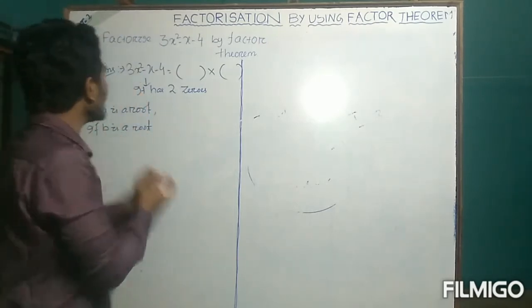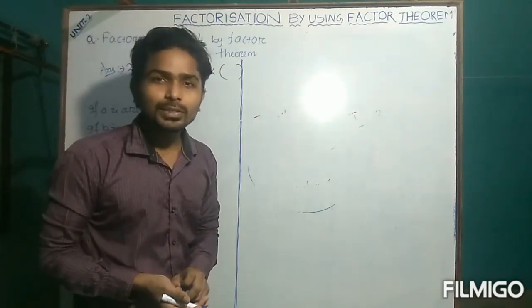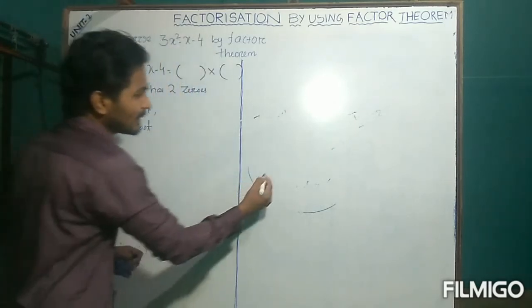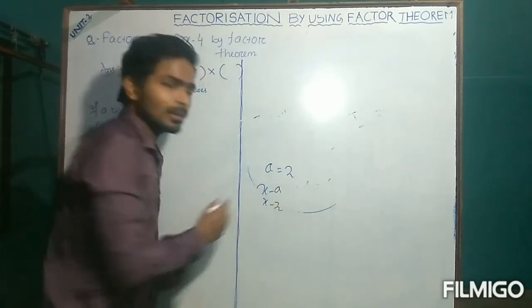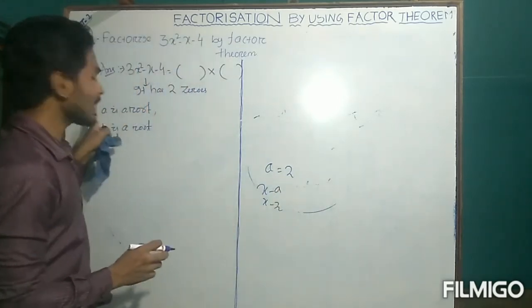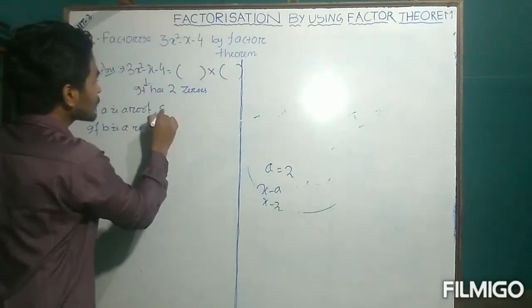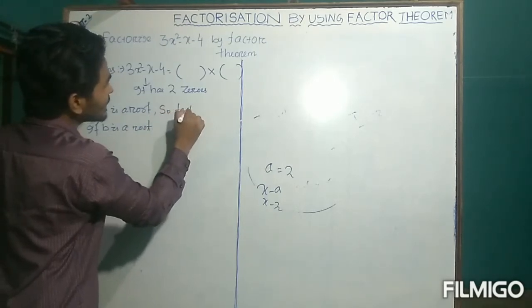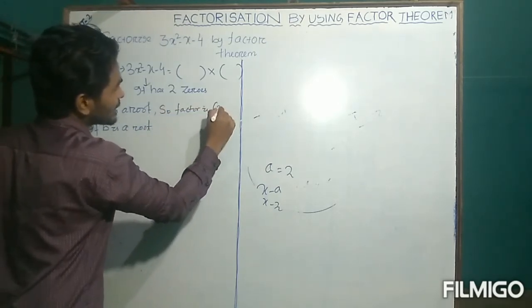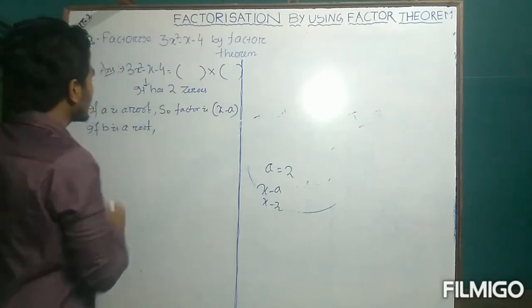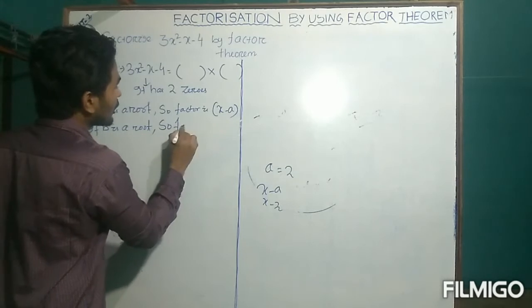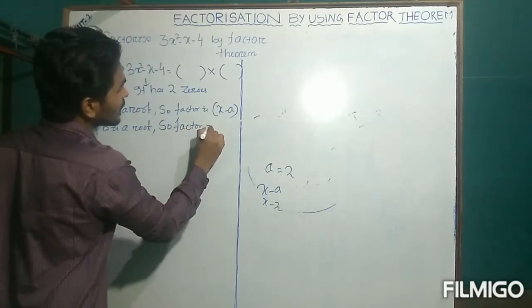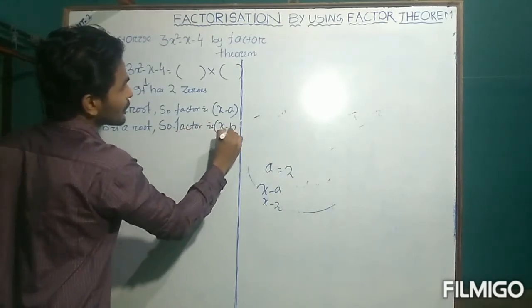And if a is a root, then the factor will be how much? As we know, if the root is 2, then the factor is x minus 2, that is x minus a. Clear? Since the root is a, or zero is a, the factor is x minus a. Since the root is b, the factor is x minus b.